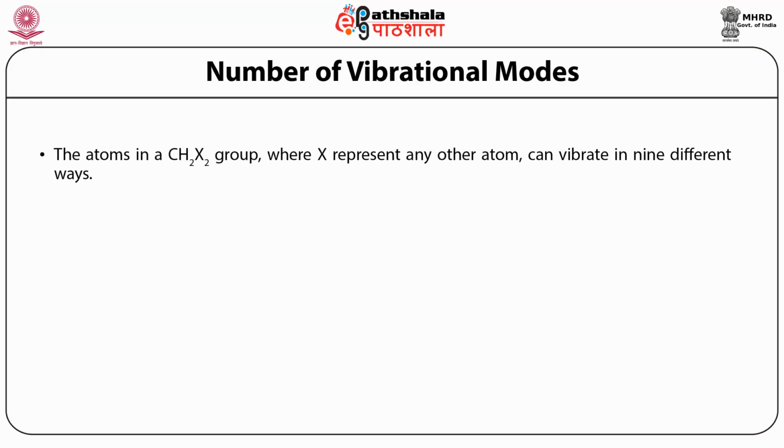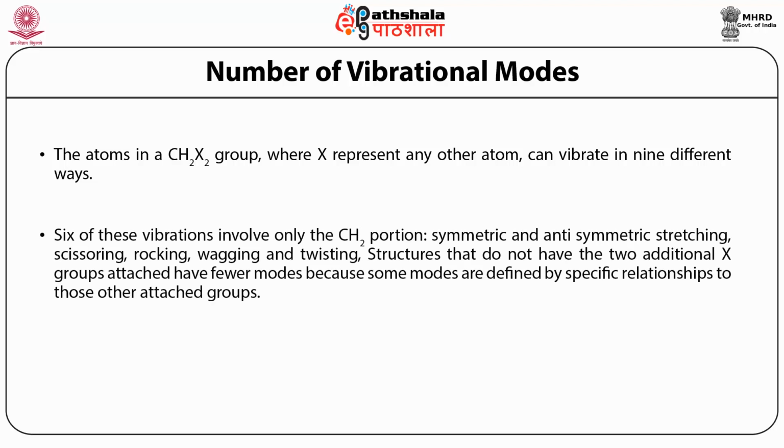The atoms in a CH2X2 group, where X represents any other atom, can vibrate in 9 different ways. 6 of these vibrations involve only the CH2 portion: symmetric and antisymmetric stretching, scissoring, rocking, wagging and twisting.